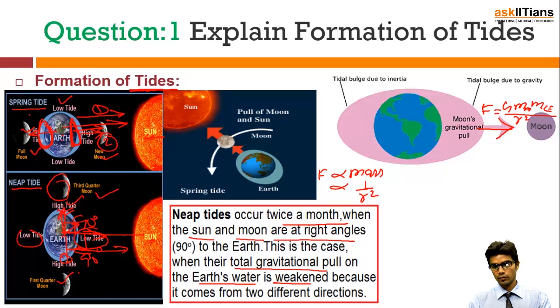And since the earth is also rotating on its own axis, if the moon pulls this part of the earth, tides form due to gravity, and since the earth is also rotating on its own axis, due to inertia this part also forms tide. So this is the explanation of the formation of tide.